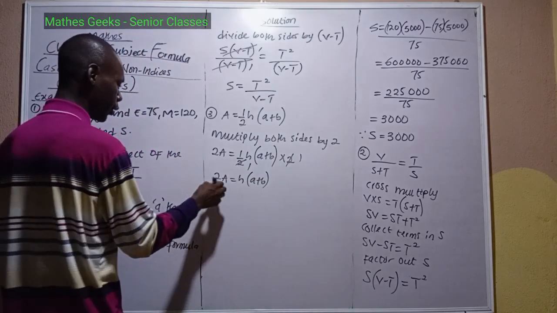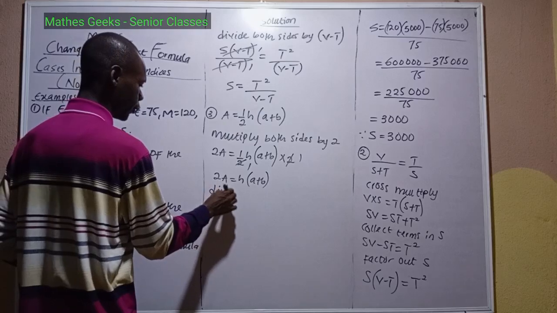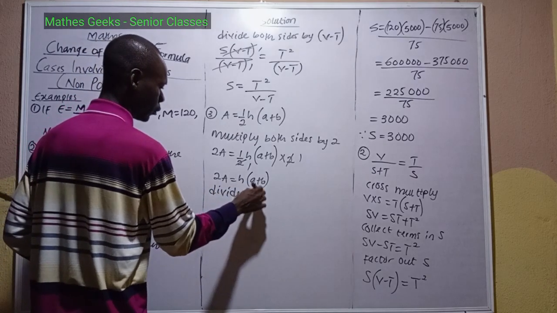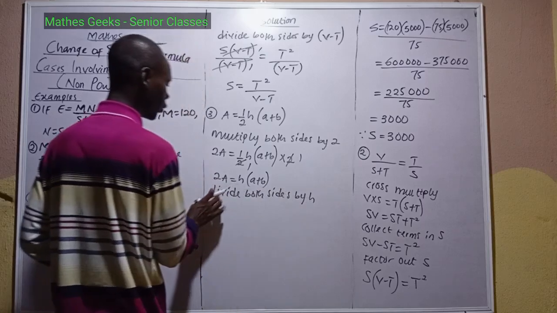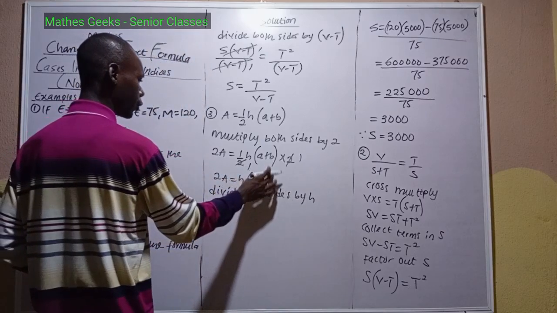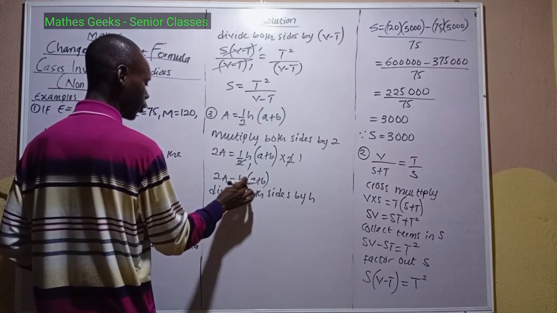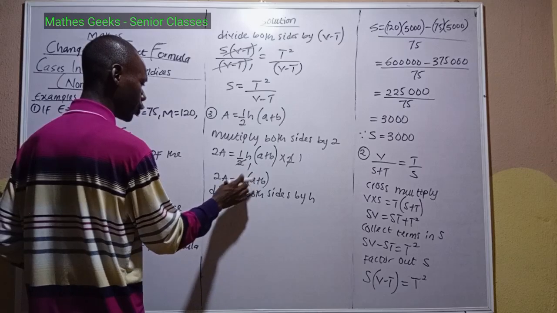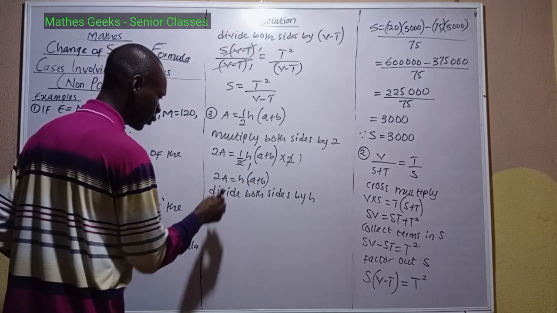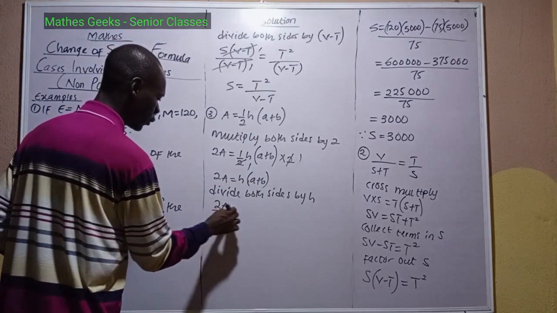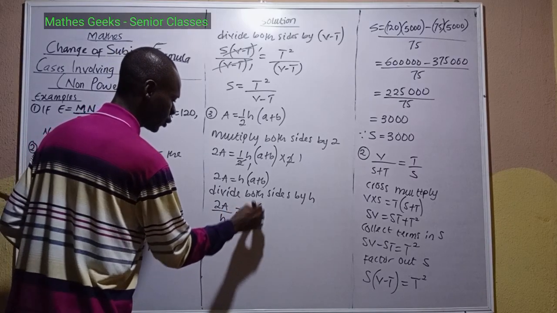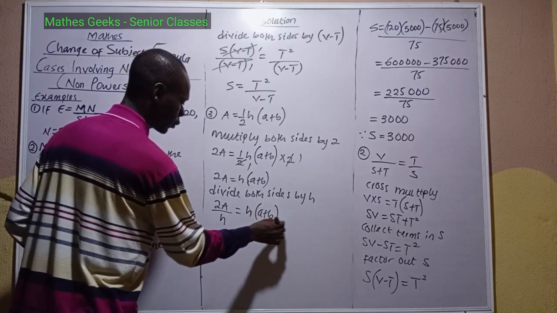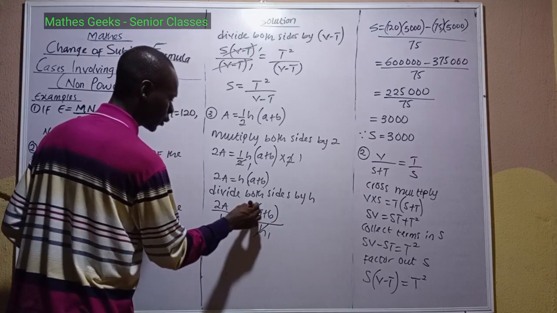Next to eliminate H, we say divide both sides by H. Division because H is joined to this bracket by multiplication. So if you want to undo multiplication, you carry out division. So 2A over H equals H times E plus B over H, cancel.